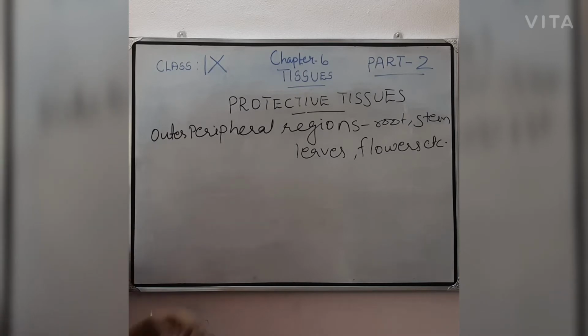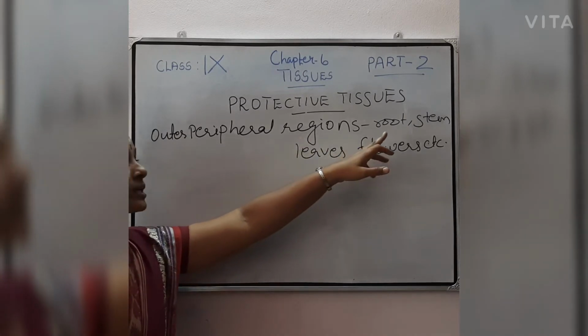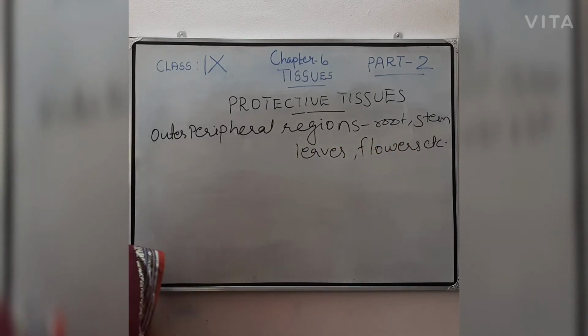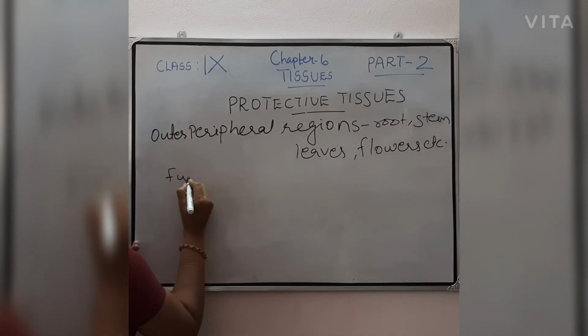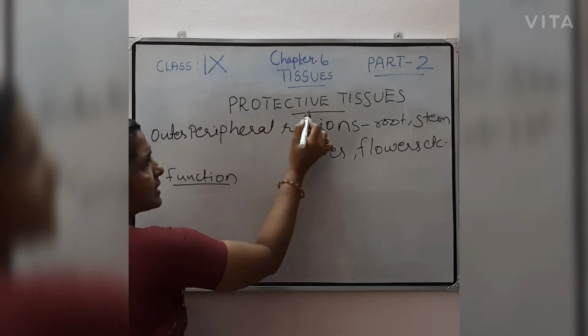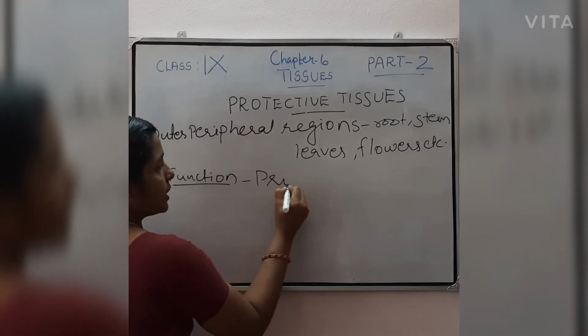These are present in the outer peripheral regions of the plant, that is the outer regions of the root, stem, leaves, flowers, etc. Then what is its function? Its function is mainly protection. The name itself is indicating protective tissue. So the function is protecting what?